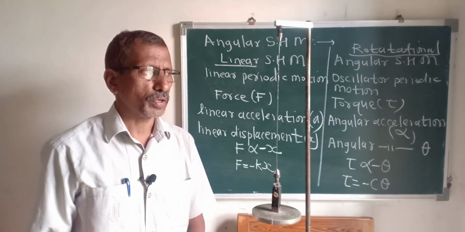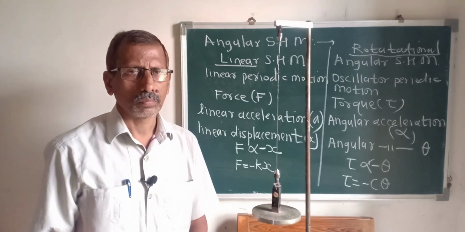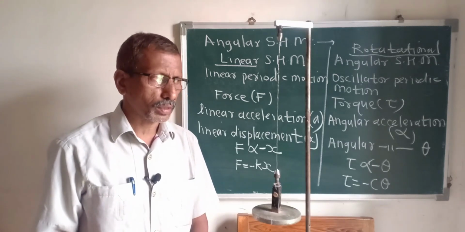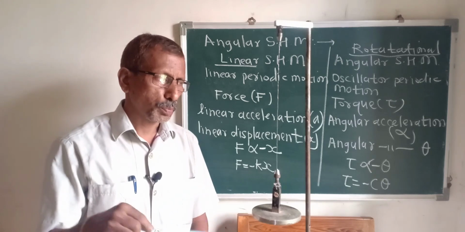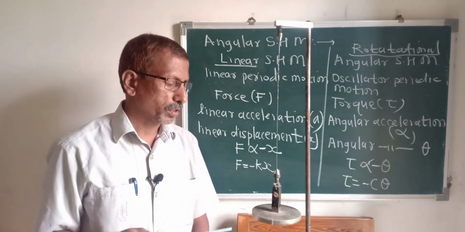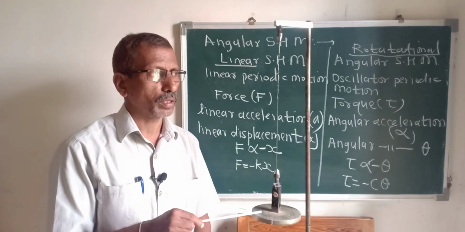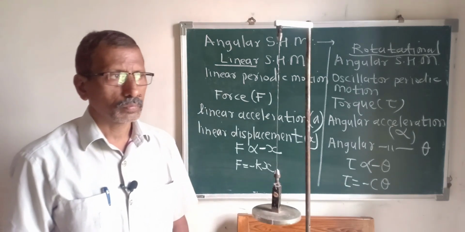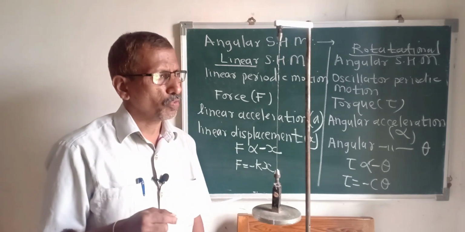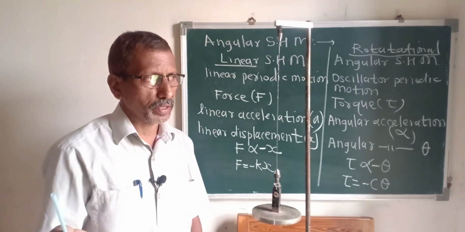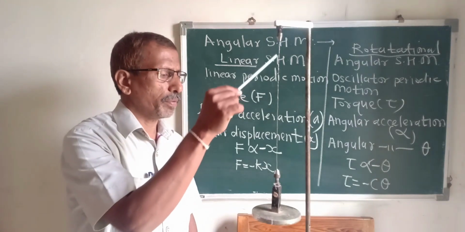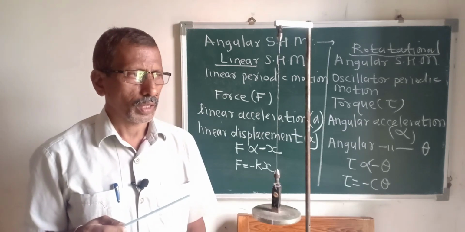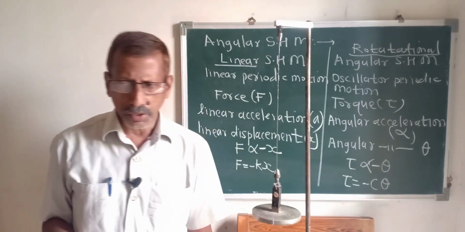When we compare it with a simple pendulum, the spherical bob is replaced by the metal disc in the torsional pendulum, the cotton string in the simple pendulum is replaced by a metal wire, and the rigid support is the same as it is.